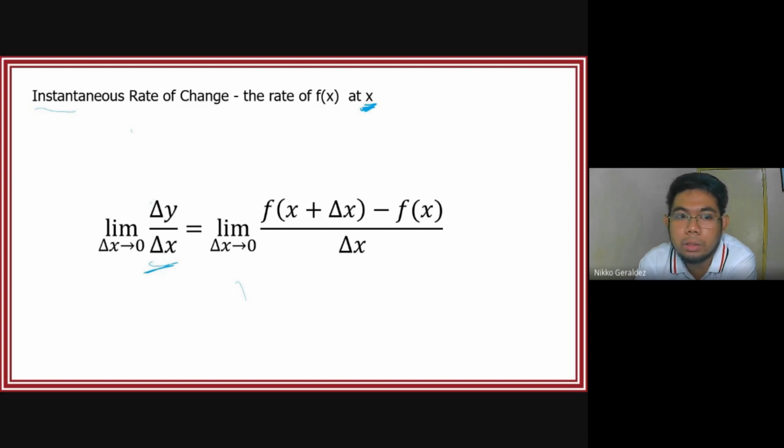So, pag nag-solve ka ng instantaneous rate of change, nasosolve mo na rin yung slope of a tangent line. Kasi di ba function naman yung pinag-aaralan natin, so may curve din. Pag kinuha mo yung instantaneous rate of change, nakukuha mo na rin yung slope of tangent line.